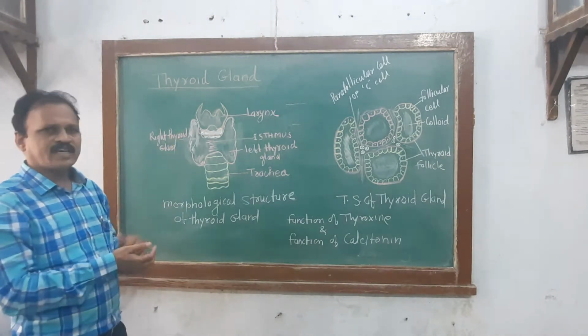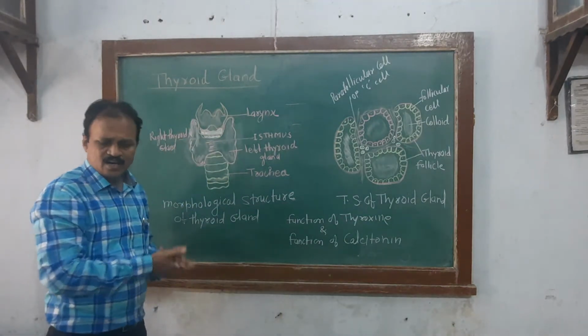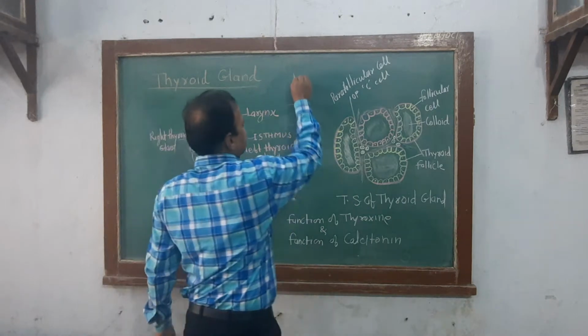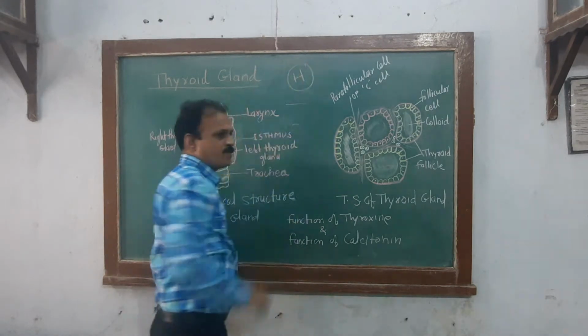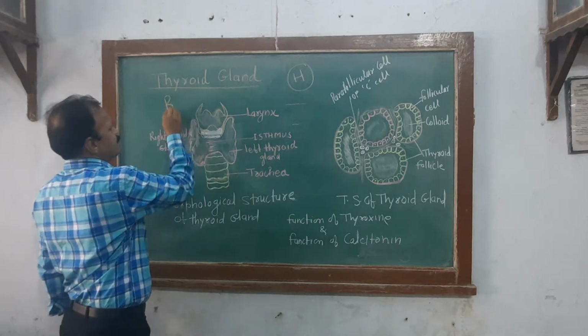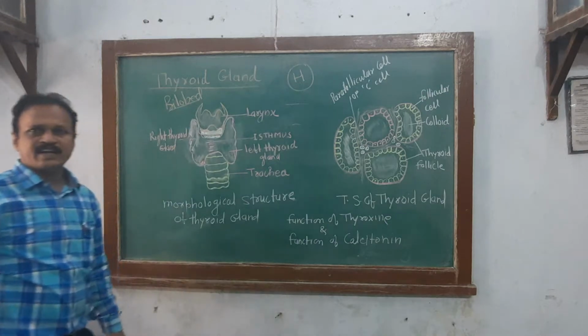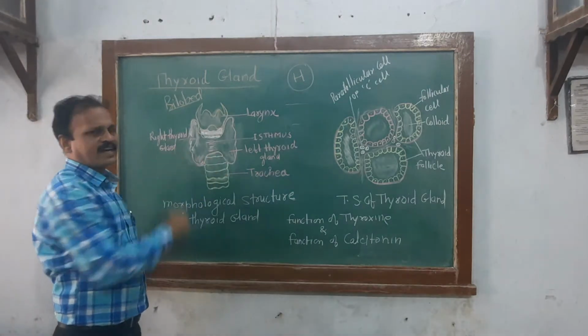Now, what about the thyroid gland? It is somewhat butterfly shaped or letter H shaped. It consists of 2 lobes, so it is a bilobed gland, with a left lobe and a right lobe.